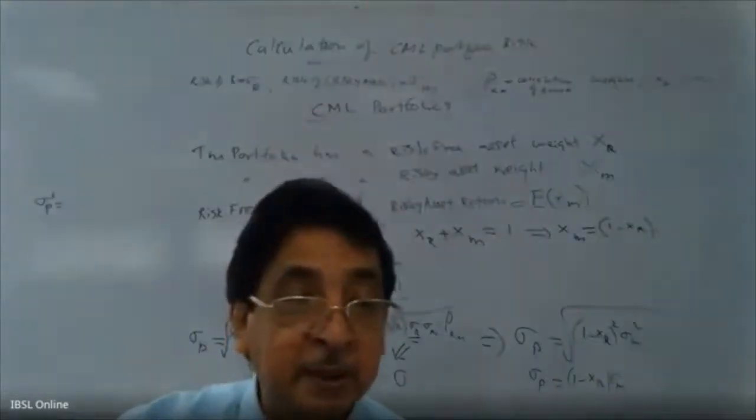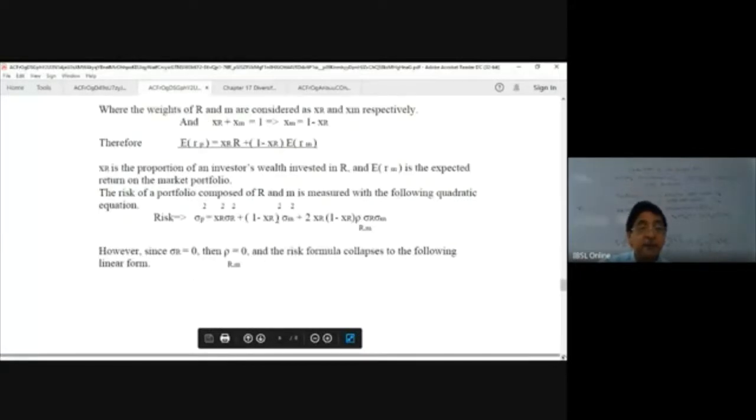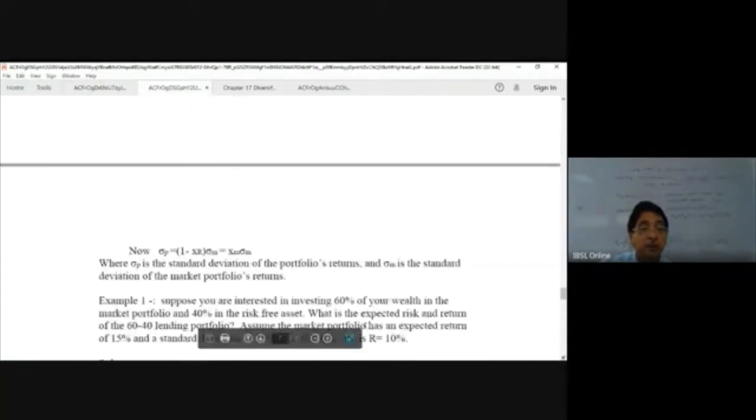Now this has been done on the board, and you will end up with this. Sigma p is equal to 1 minus XR sigma M, or 1 minus XR is XM, so sigma p is equal to XM sigma M. The meaning is your sigma p is decided through the weight of the market portfolio.